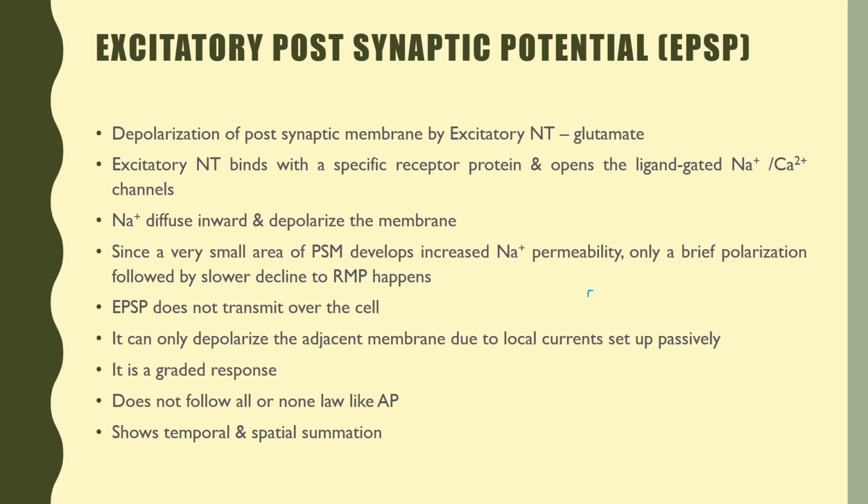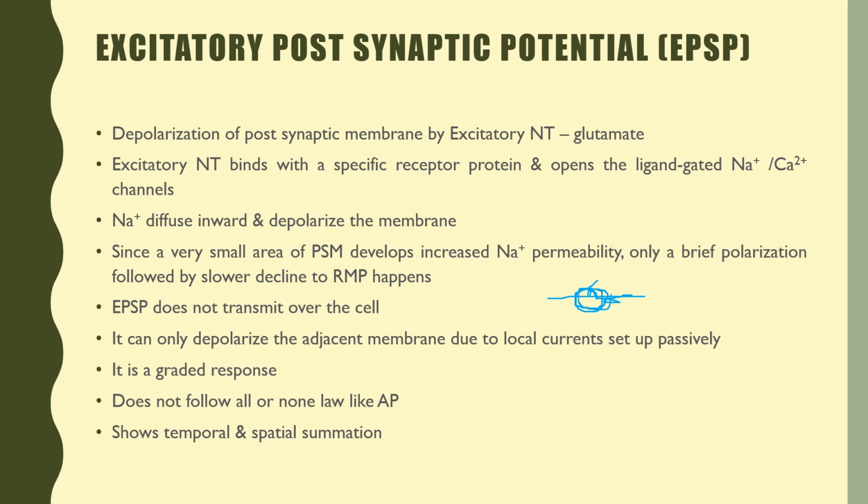Suppose this much depolarization happens. This is a resting line, resting membrane potential. The sodium channel opens up, there is generation of this much potential. Then again it falls back to the resting membrane. So this part is called excitatory postsynaptic potential.